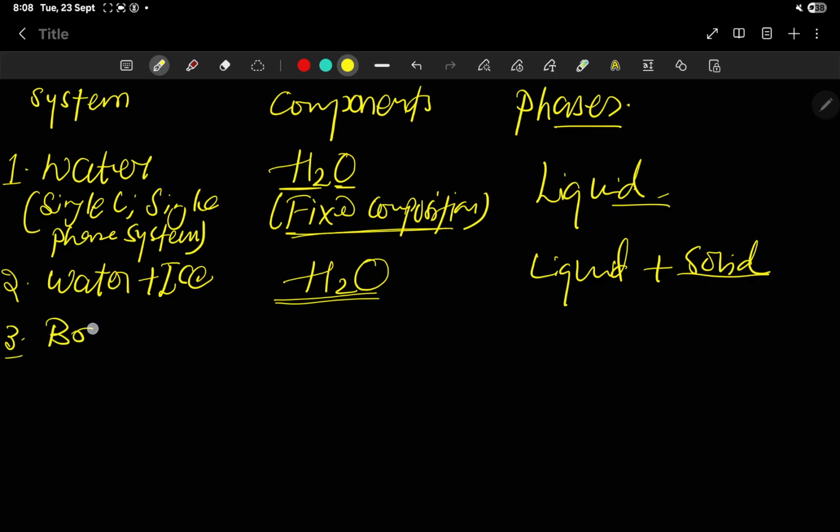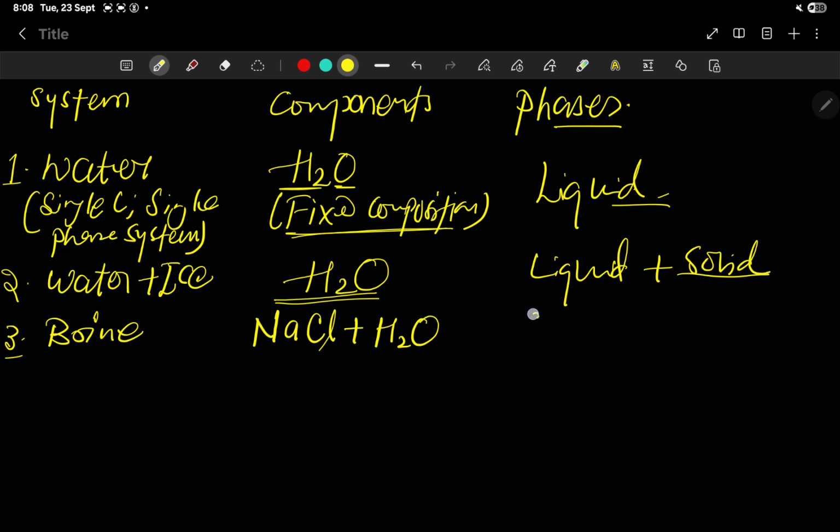Third is brine. Brine means we take water and mix NaCl in this, so it becomes brine. So in brine we have two components, NaCl plus H2O.